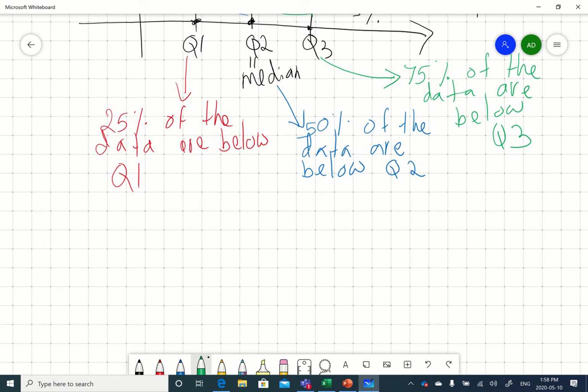What percent of data is below the point? That's how we define percentile. So I can rewrite Q1 in terms of percentiles. Since Q1 has 25% of the data below it, Q1 is actually the 25th percentile.